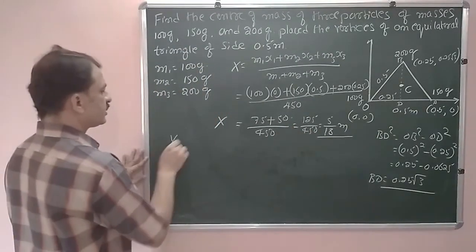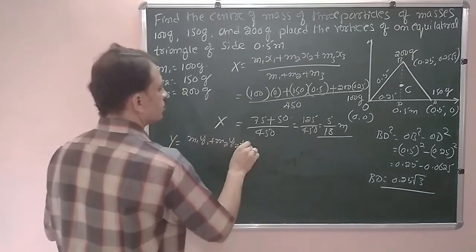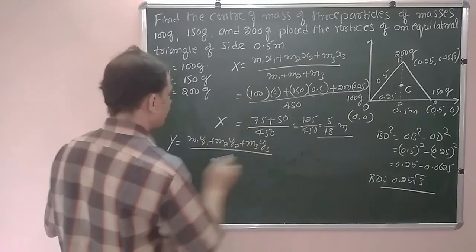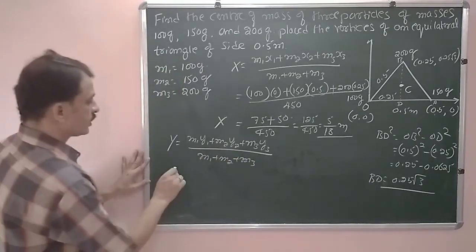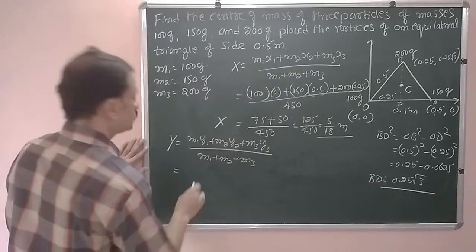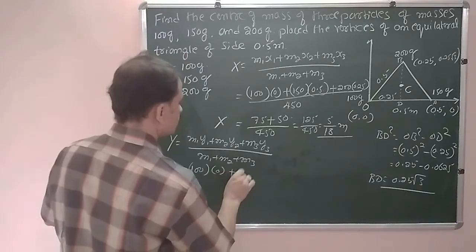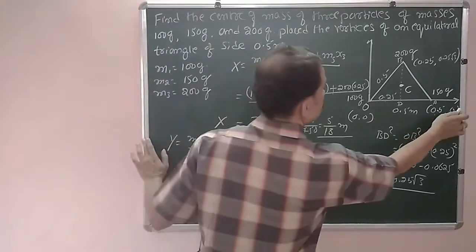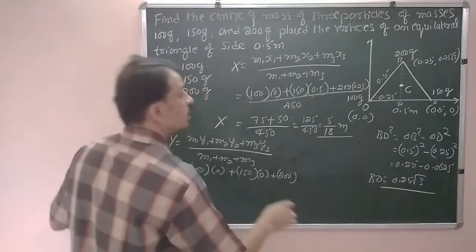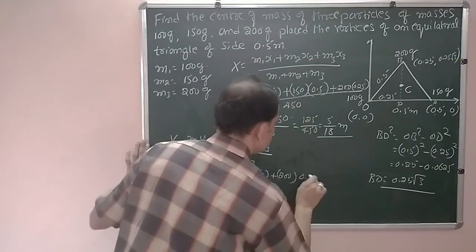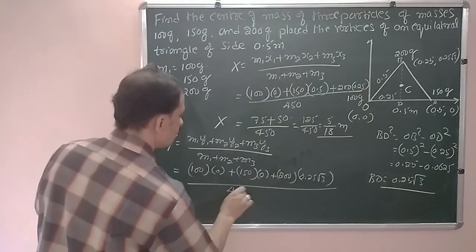Similarly, find the y coordinate. Y is equal to m1 y1 plus m2 y2 plus m3 y3 divided by m1 plus m2 plus m3. So m1 is 100, y1 is 0, plus m2 150, y2 0, plus m3 200, y3 is 0.25 root 3, whole thing divided by the total sum.